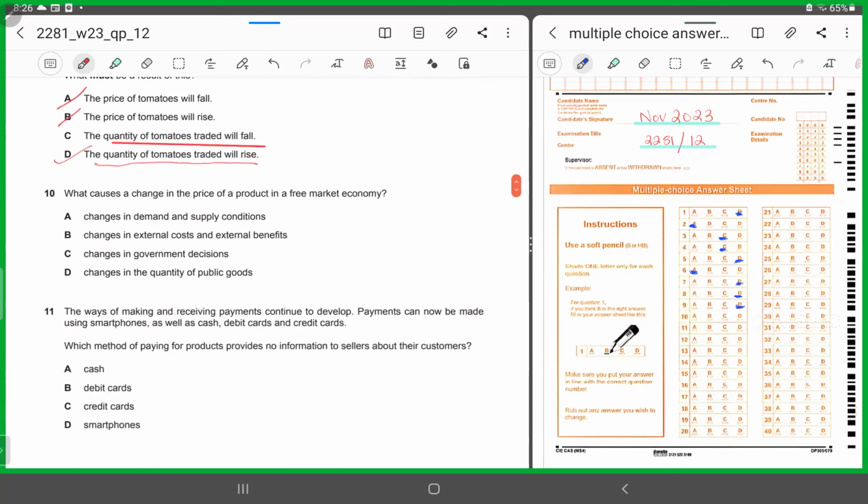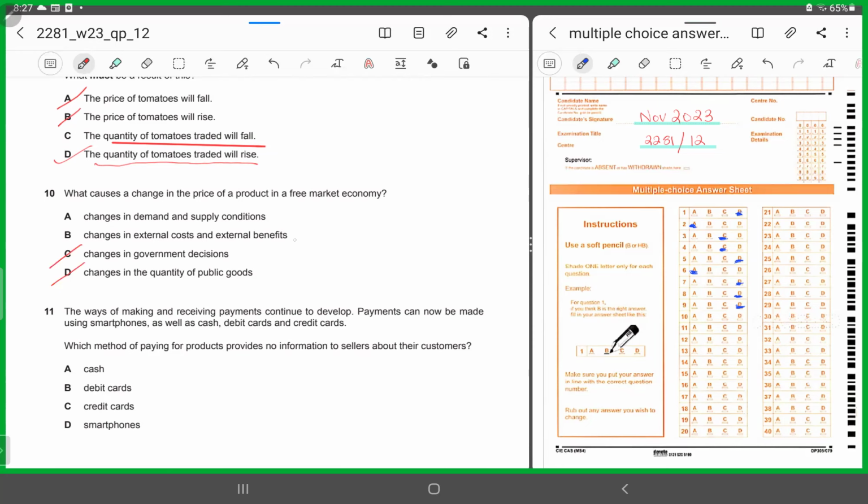Number 10. What causes a change in the price of a product in a free market economy? What causes a change in the price of a product in a free market economy? And what happens in a free market economy? Consumer sovereignty, remember? So it has to be changes in the quantity of public goods, no, changes in government acquisitions. Again, these two are eliminated by that. Changes in external costs and external benefits.